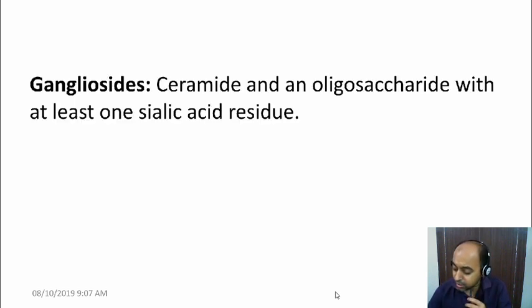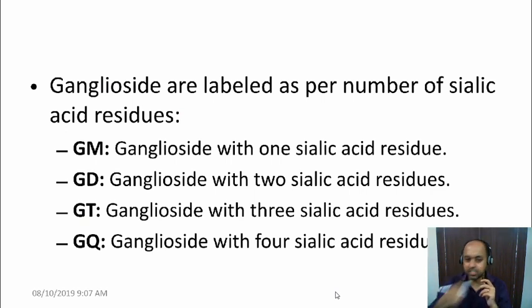Last we come to the ganglioside. Ganglioside, we said, is ceramide, oligosaccharide with at least one sialic acid residue. Depending on the number of sialic acid residues, they are further subdivided into GM, GD, GT and GQ.